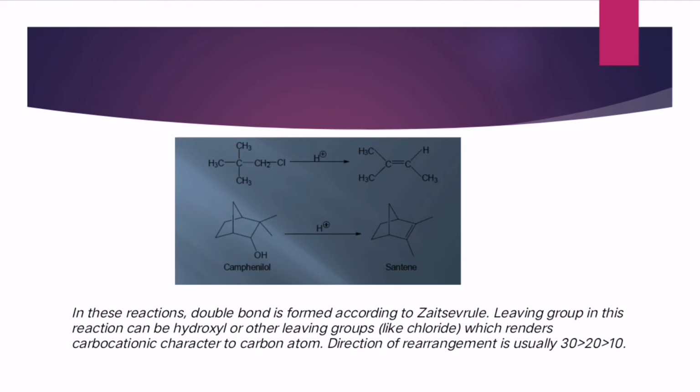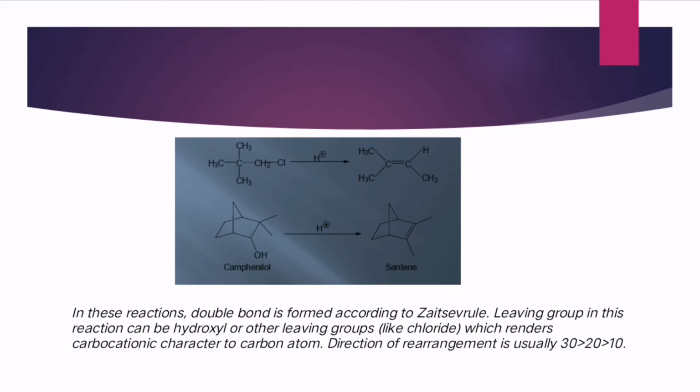In these reactions, the double bond is formed according to Zaitsev rule. The leaving group in this reaction can be hydroxyl or another leaving group like chloride or any other halogen, which renders carbocation character to the carbon atom. The direction of rearrangement is usually tertiary to secondary and then primary.